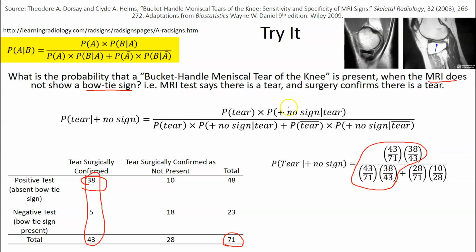And then for the probability of not having a tear, well, there were 28 who after surgery didn't have a tear out of 71 patients. And then we're going to have the probability of a positive sign given there was not a tear. So positive sign given not a tear would be 10 out of the 28 right there. So you run that through, 79% chance, 79% probability.